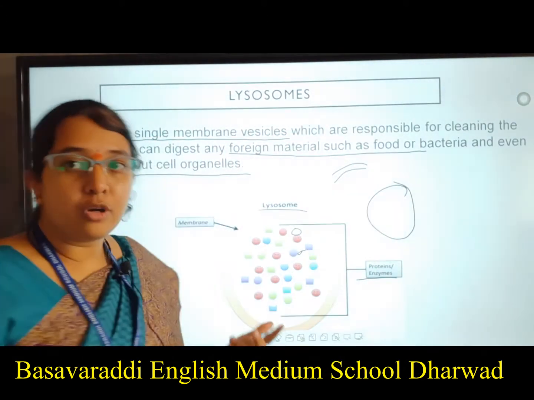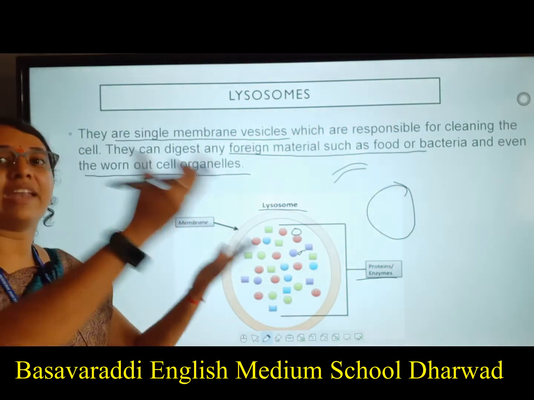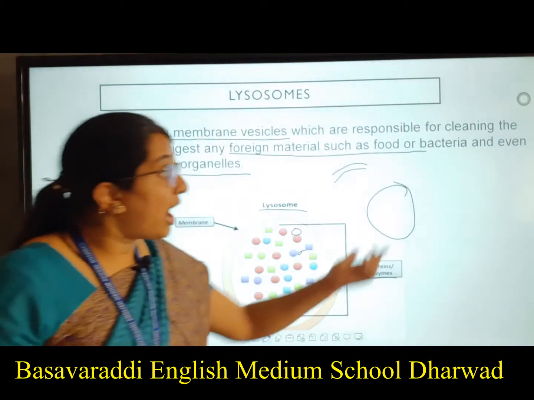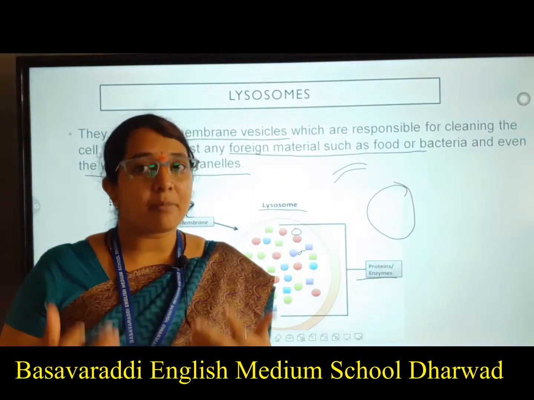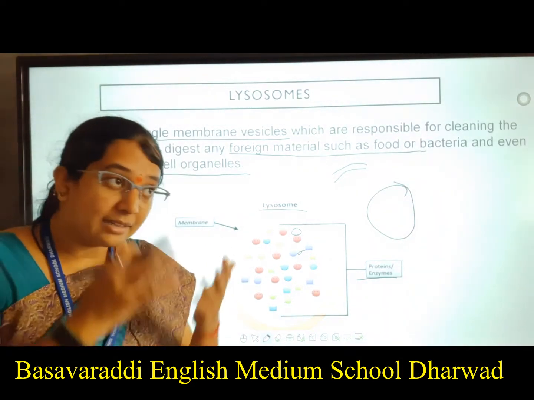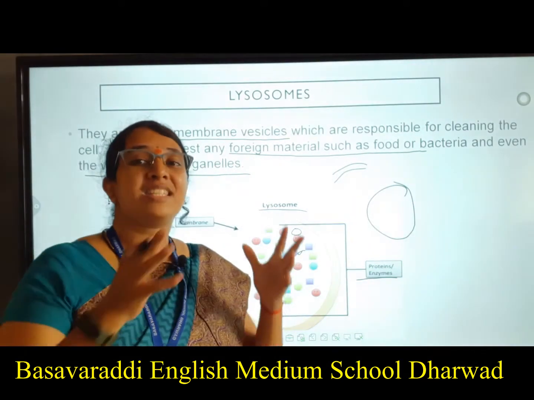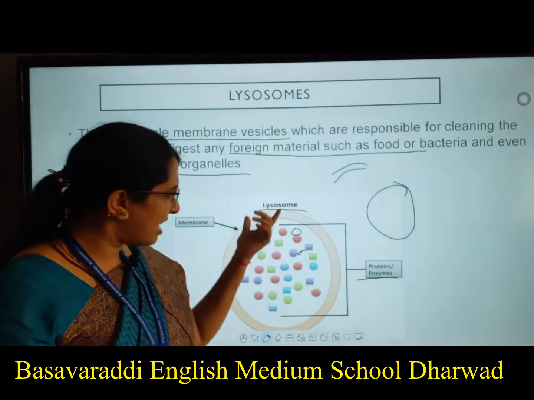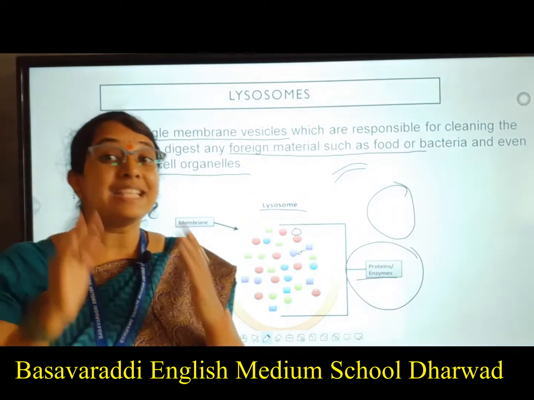They might be food. Food is also a foreign material, because it is not inside our body; we are eating it from outside. At the same time, we have bacteria, the microorganisms, and even worn out cell organelles. Sometimes if the cell gets damaged, you get tears on the organelles. Then the lysosomes engulf that organelle, because they have special kinds of proteins or enzymes in them.